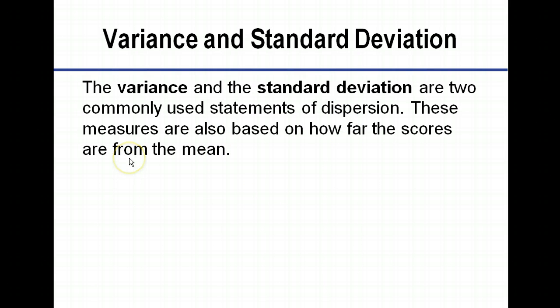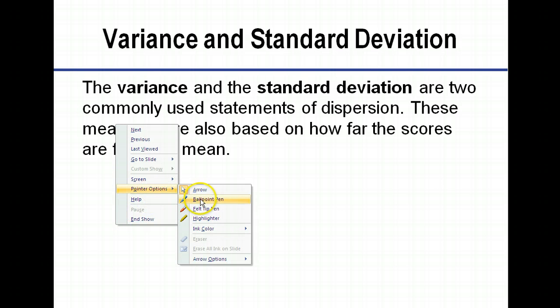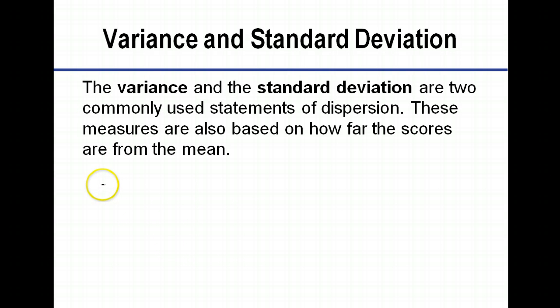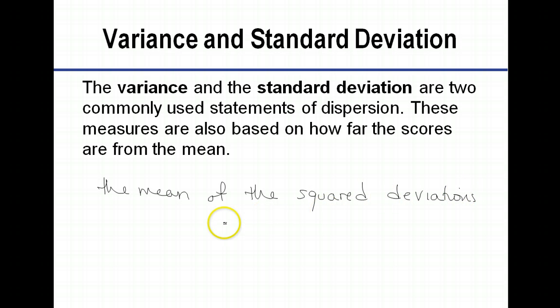And a nice way to think about the variance specifically, and I'll write you a little note here using my special pointer, is that the mean of the squared deviations is the variance.